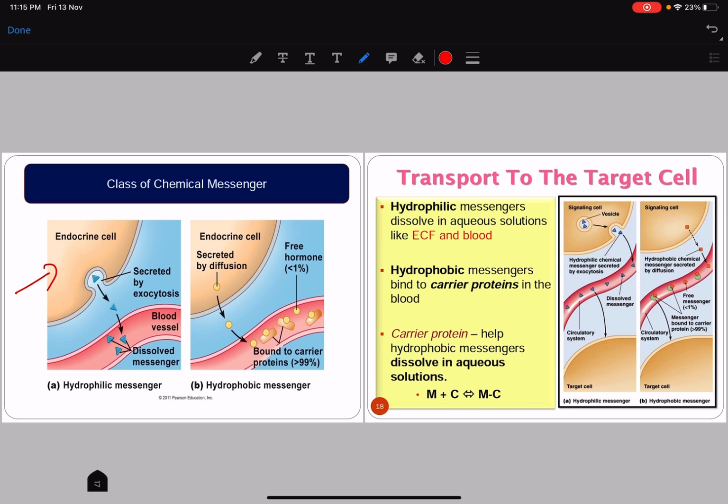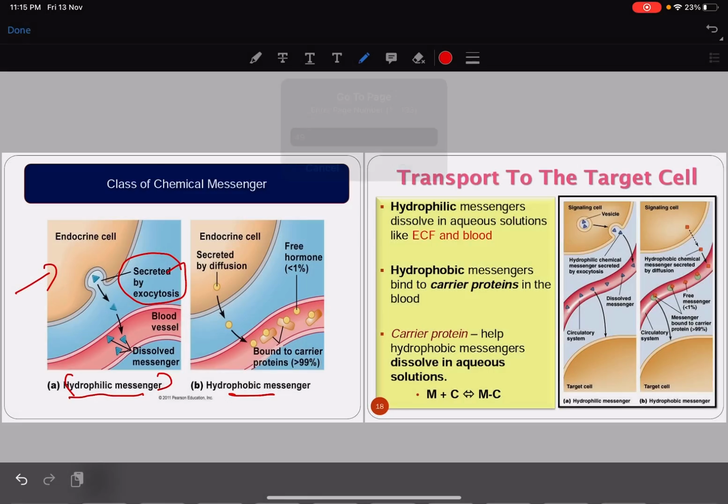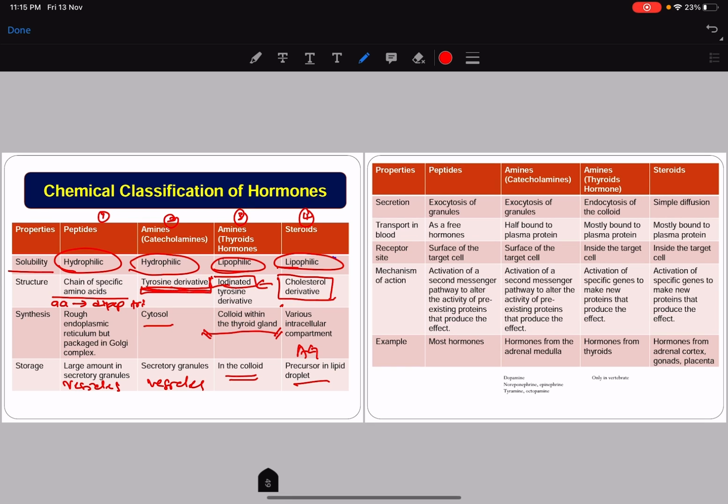Earlier we learned about hydrophilic and hydrophobic, and you can see the hydrophilic messenger is secreted via exocytosis. Next, secretion of the catecholamine, also exocytosis.